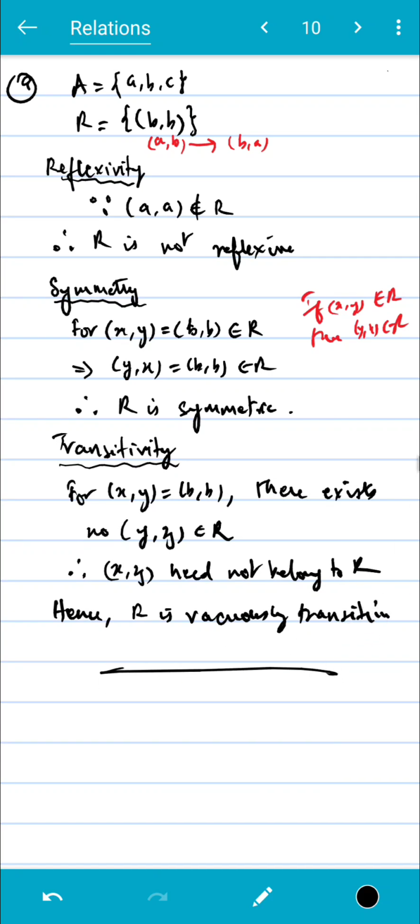So that's our answer. So this relation is not reflexive, it is symmetric, and it is also transitive.